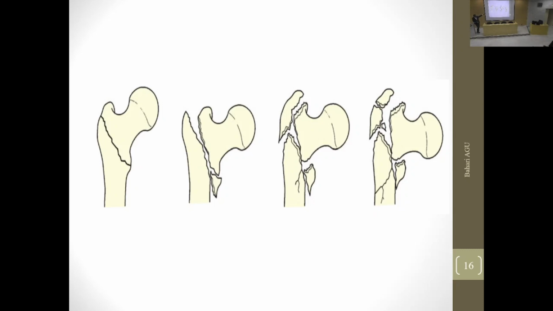But once the fracture becomes more unstable, it is better to delay weight bearing, because the definition of stability is whether the fracture after fixation can withstand the normal physiological load or not. If it cannot, this is unstable. If it can withstand and tolerate the normal physiological load, this is a stable fracture.